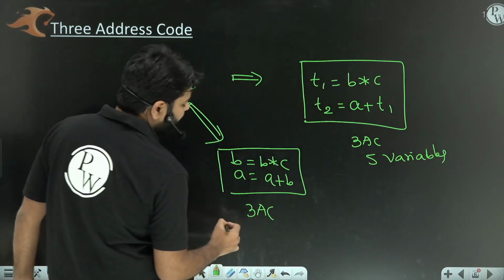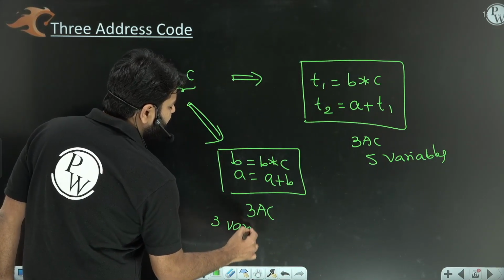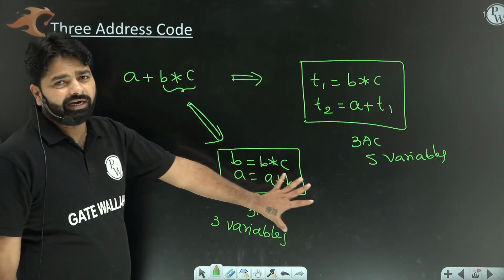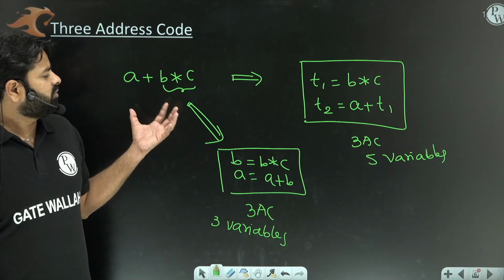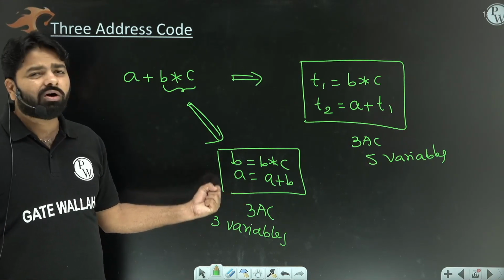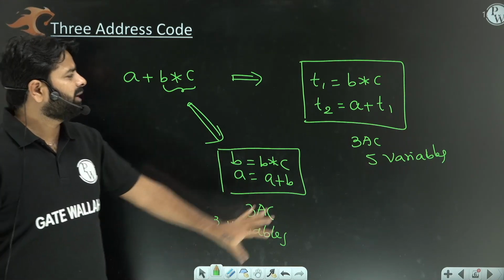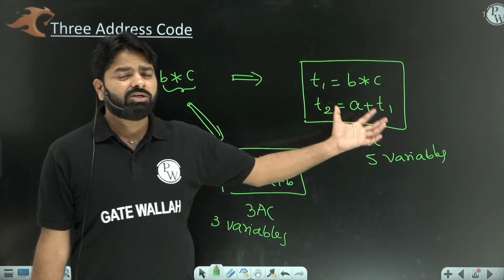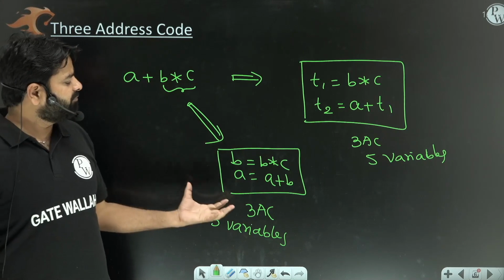Here you require only 3 variables. Of course, how to use them, you decide. So this is the best, optimized version of 3-address code, whereas the other is not optimized, it's wasting a lot of space to do the same job. We always prefer this kind of code.